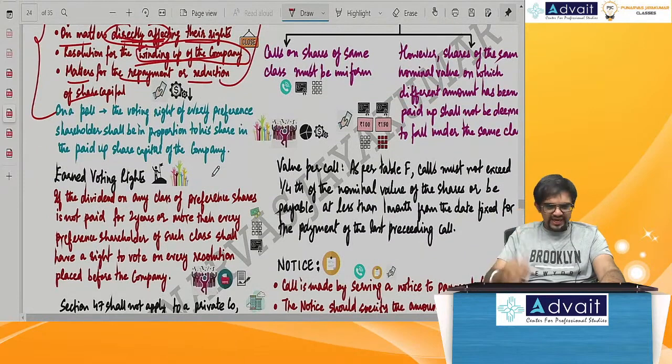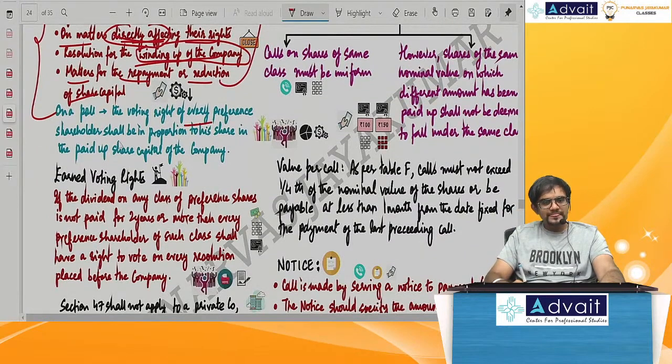The voting right of every preference shareholder shall be in proportion to his share in the paid up share capital of the company. Generally in a show of hands, it is one person, one vote. Whereas in a poll, it is always one share, one vote.